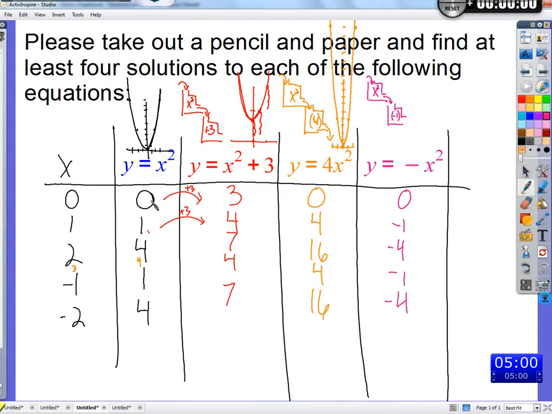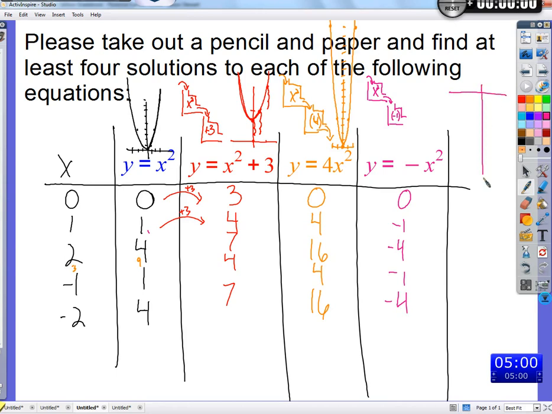Well, see here, we have 0, 0, 1, 1, 2, 4, 3, 9. Come over here, it's 0, 0, 1, -1, 2, -4, -1, -1, -2, -4. It's all the same except it's exactly the opposite.